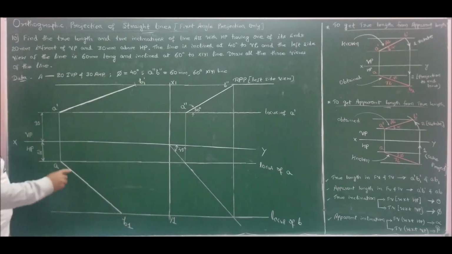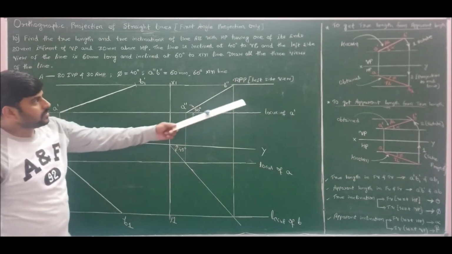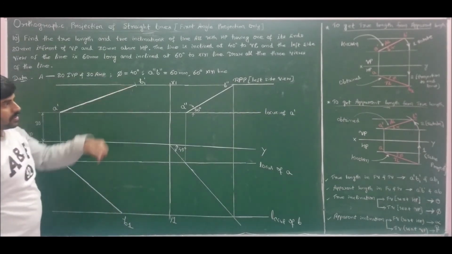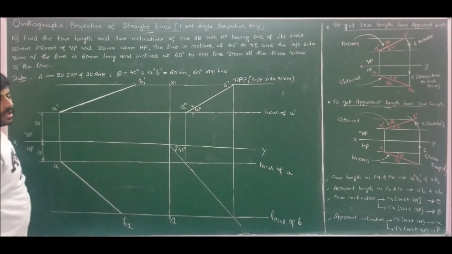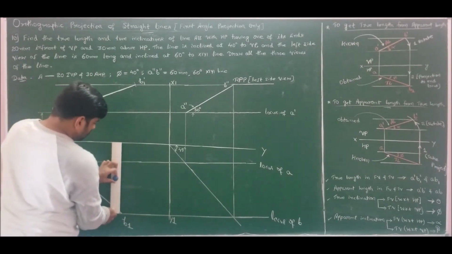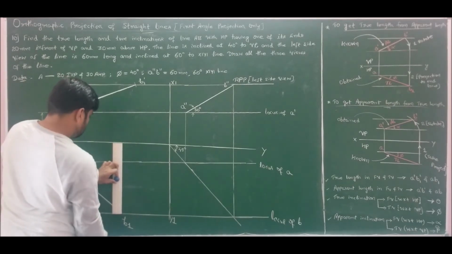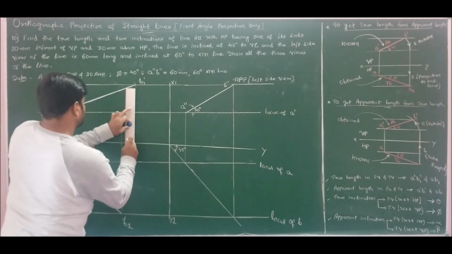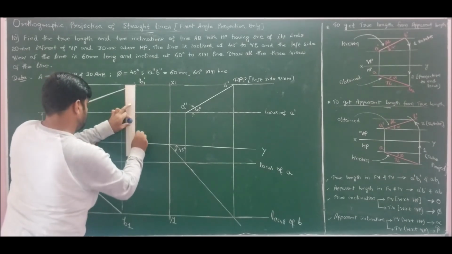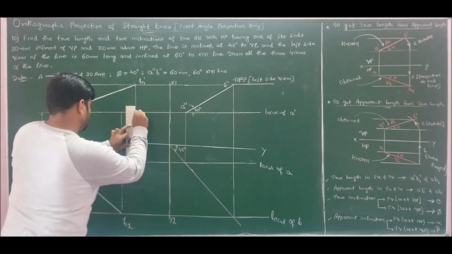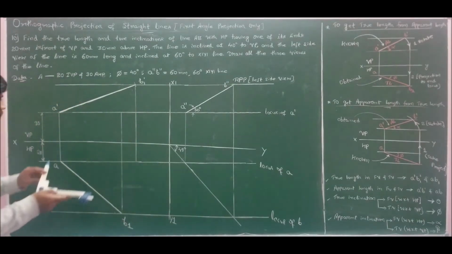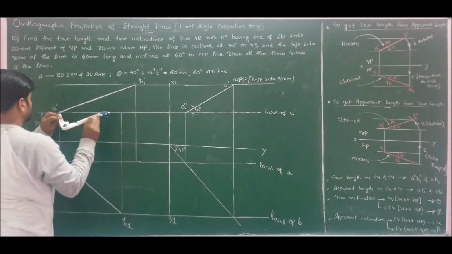Now to extract the apparent length, whenever you know the true length, first I should take the projection and then I should rotate. So first I will take the projection. From here also I will take the projection. Now I should rotate.